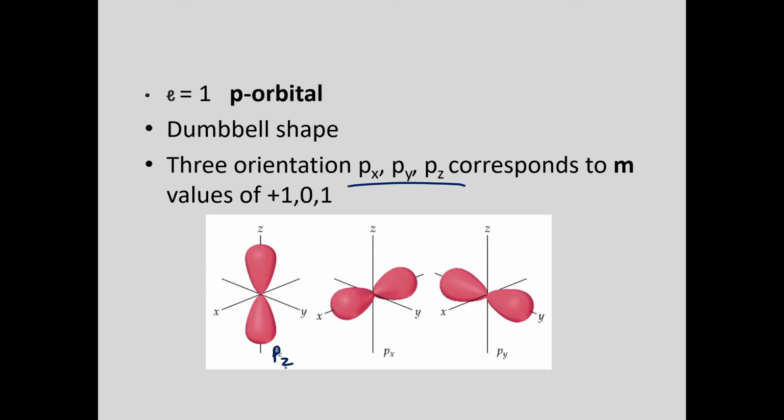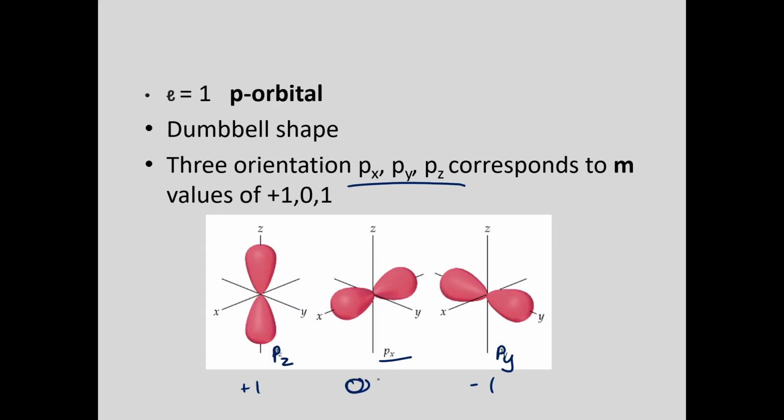Kalau dia duduk kat X axis, we have PX, and kalau kat Y, we have PY. Okay, simple enough. Okay, untuk values dia, usually kita akan letak plus 1, 0, negative 1.